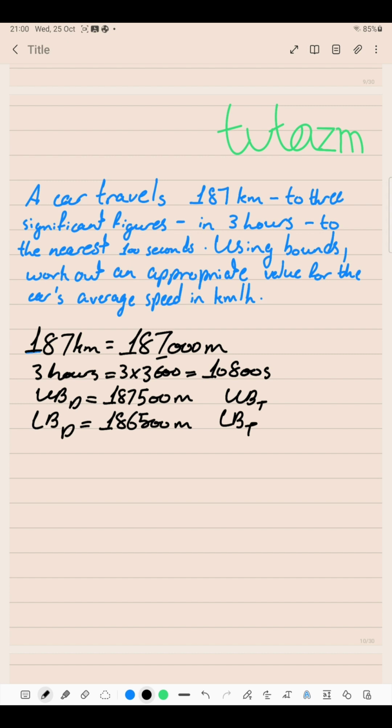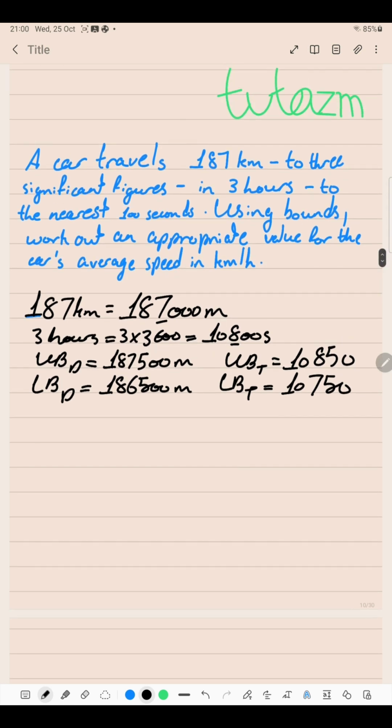So we take that as our upper bound. So the upper bound for the time, to the nearest 100 seconds, would be 10,850 seconds, and the lower bound would be 10,750 seconds.